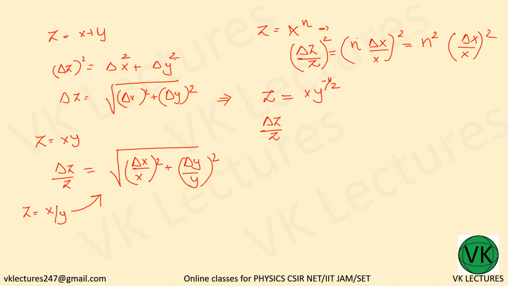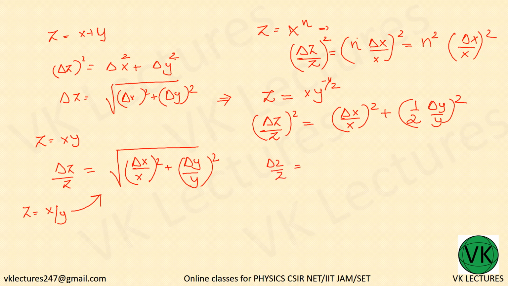Let us write the whole square first: delta z by z whole square is delta x by x whole square plus 1 by 2 times delta y by y whole square. So delta z by z is equal to this whole parameter to the power half.